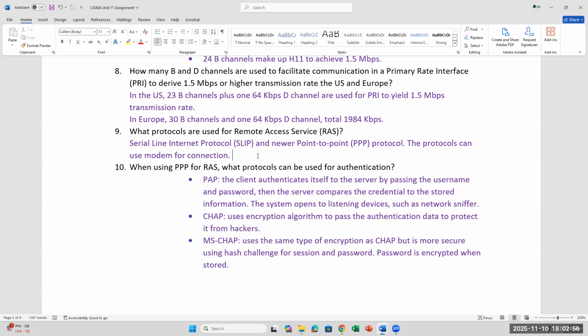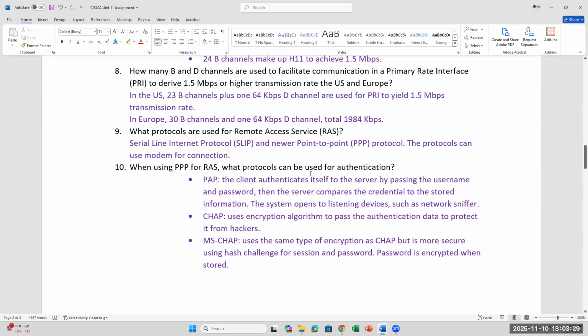So since COVID, we now see more hybrid environments and more remote access integration and support to make sure that there is communication for the employees. So SLIP is the older protocol, and then PPP was implemented also older, but newer than SLIP.